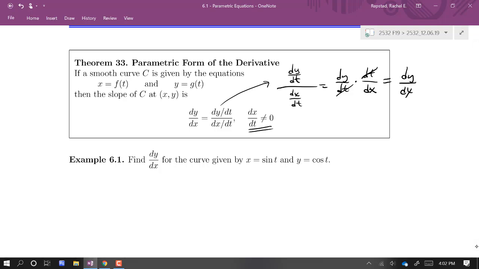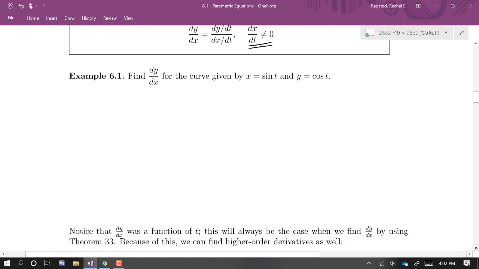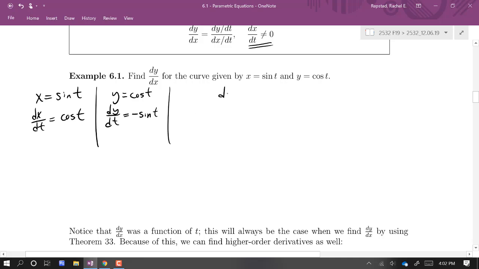So if I want dy/dx for this curve, x is equal to sine t and y is equal to cosine t, then we just find dx/dt and dy/dt first. If x is sine t, dx/dt is cosine t. And if y is cosine t, dy/dt is minus sine t. And so that means that dy/dx is dy/dt divided by dx/dt.